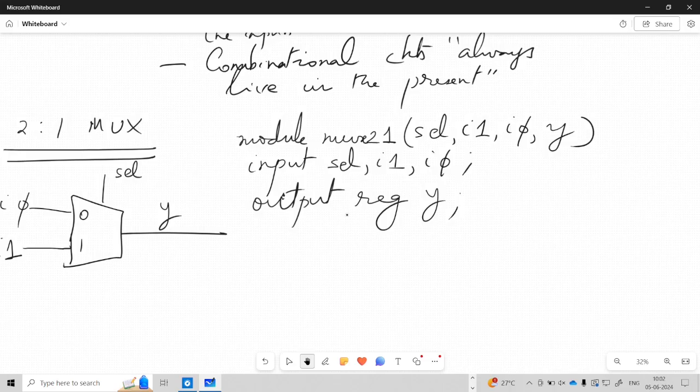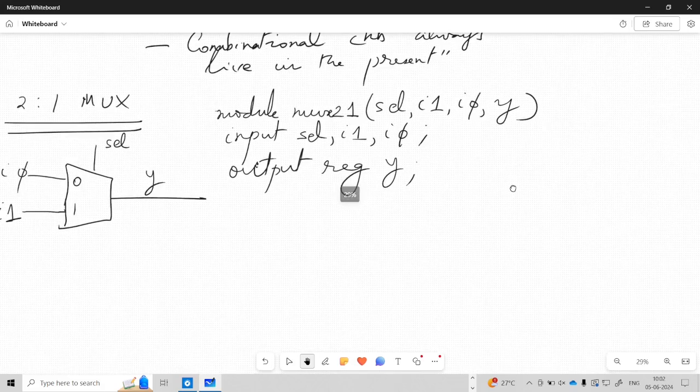It must be kept in mind that whenever we are assigning a signal inside an always block, it has to be declared to be of type reg. There you go. That is the declarative part of the code.